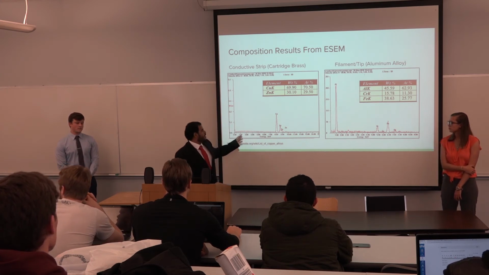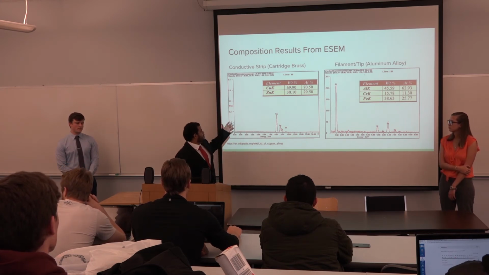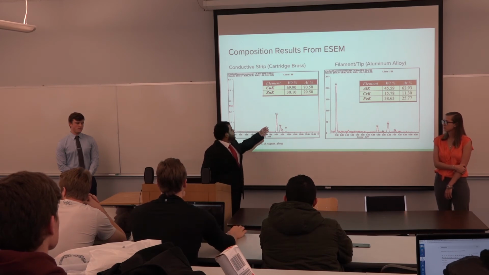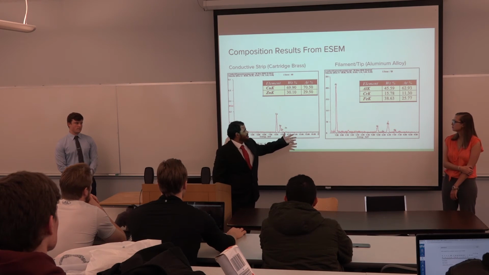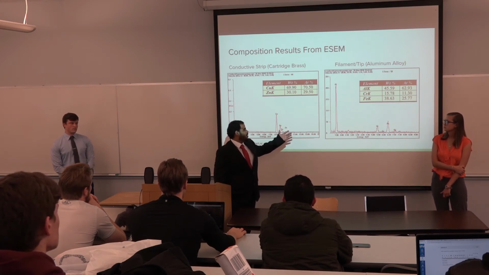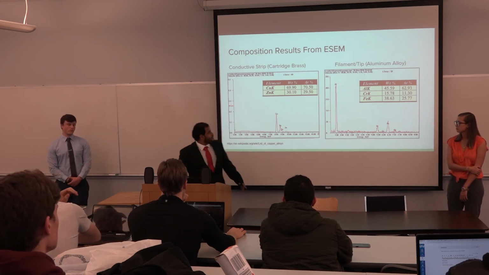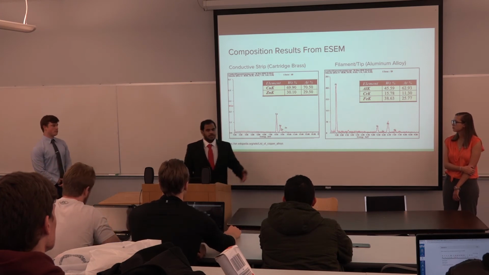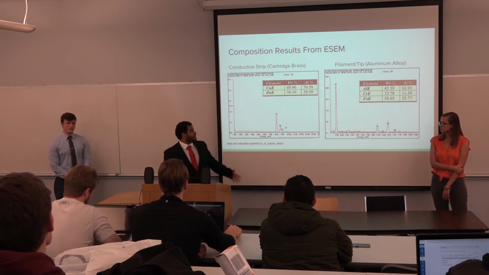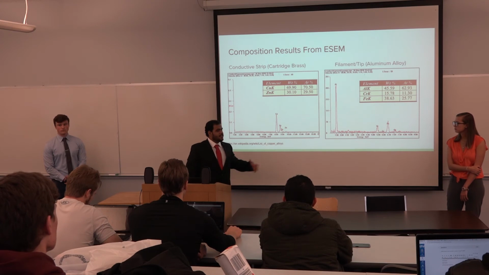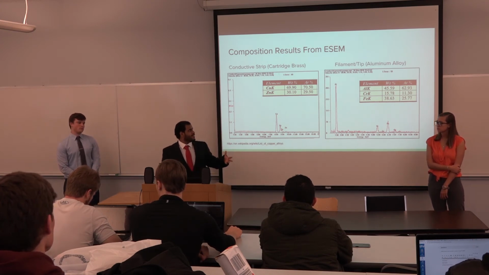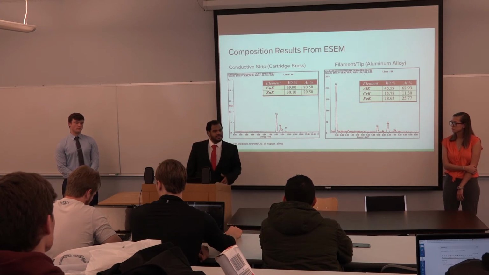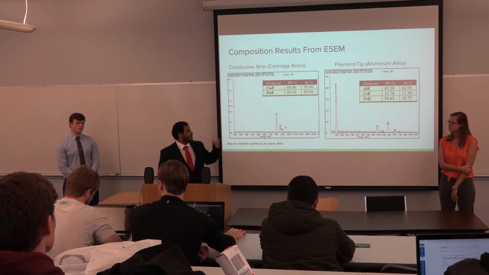We figured out the conductive strip has a mix of copper and zinc, and the filament has an aluminum alloy. We did this test because we want to know what exactly the material was used to make this. As we are dealing with something with high temperature, we want to know how they made it.